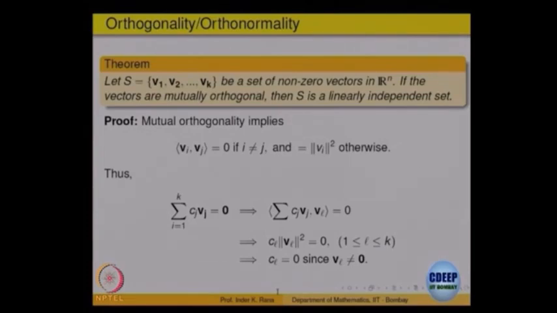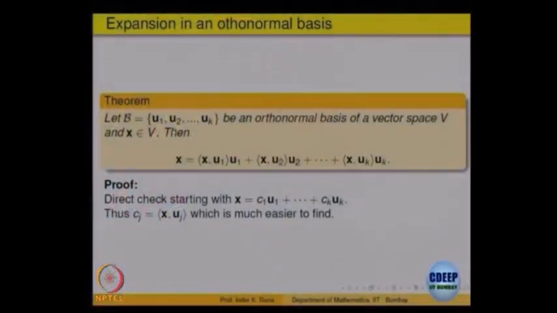The question comes, how do I make a linearly independent set orthonormal? We will do that, but before that let us go through what I was saying. If B is an orthonormal basis, then the vector x is a linear combination of u1, u2, ..., uk, because that is a basis.